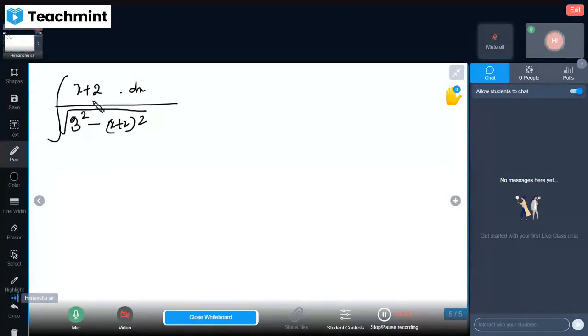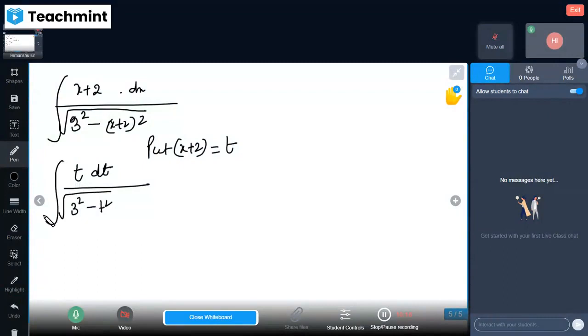So let's do it. Put x plus 2 equal to t. So t dt by root of 3 square minus t square. Okay, this is I1.